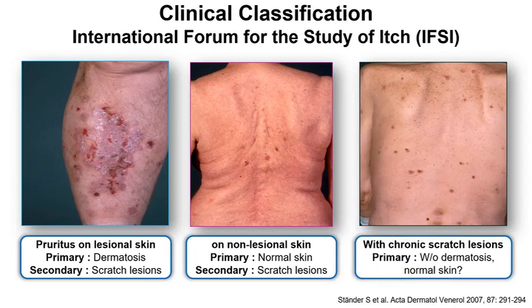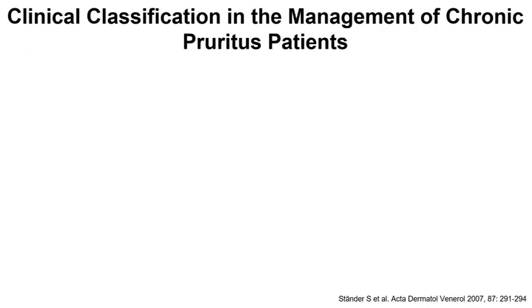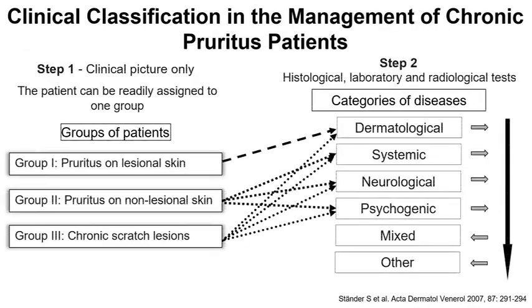And then we have the third group who have chronic scratch lesions, such as chronic prurigo, including prurigo nodularis or lichen simplex. And here it might have been first with the dermatosis or without, but usually the patients cannot tell you.